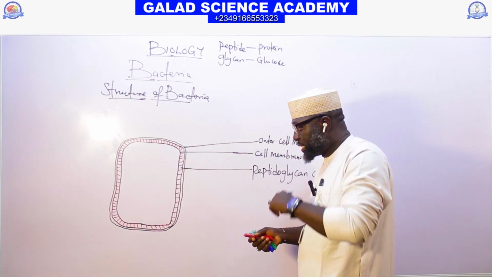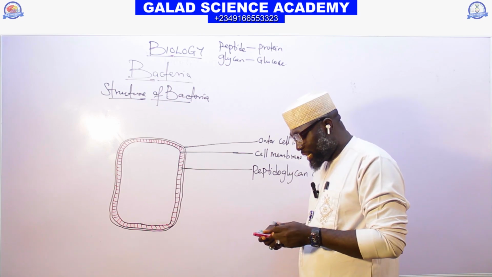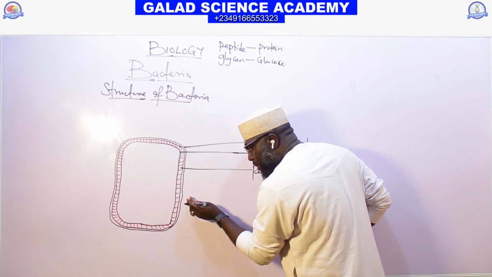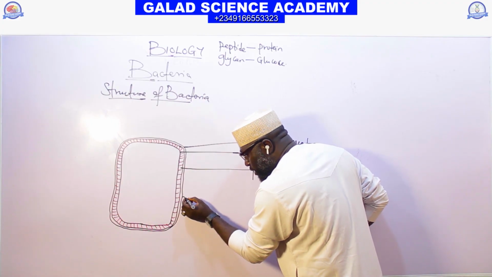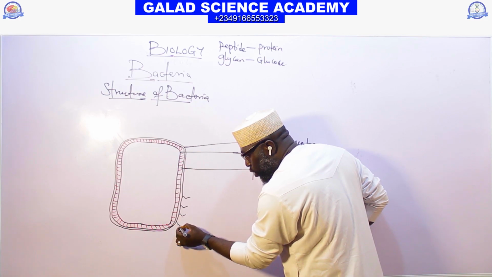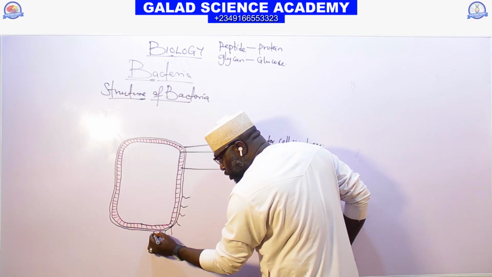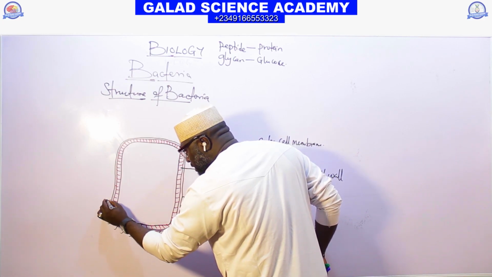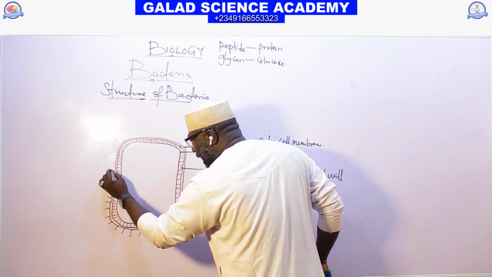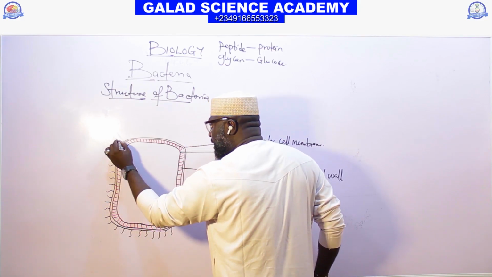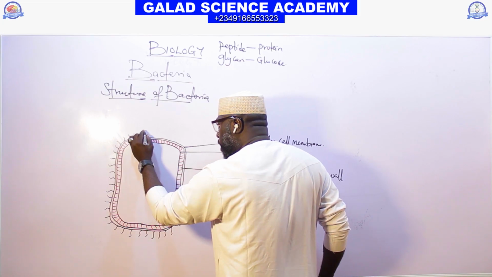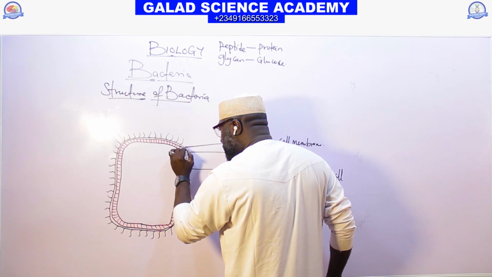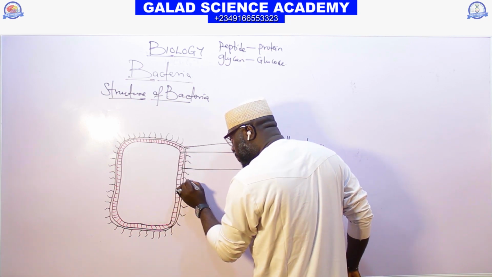And in the outer cell membrane, there is a particular surface structure, like short hair-like structures surrounding the entire surface of the bacteria. This is what we call pili.